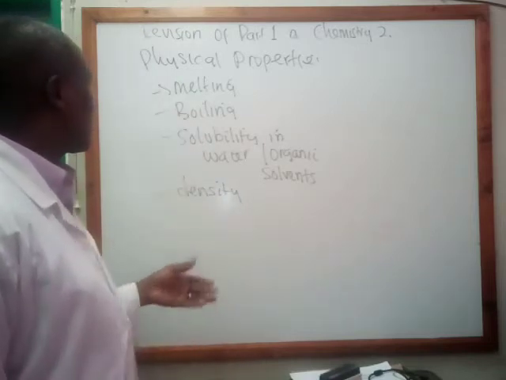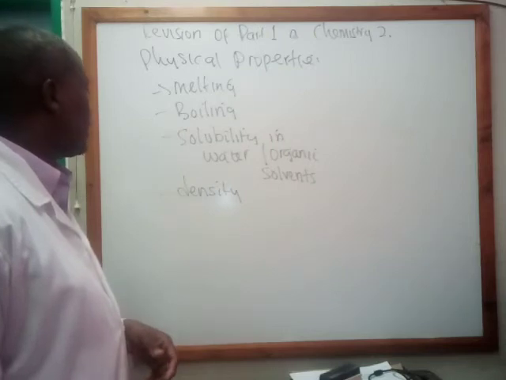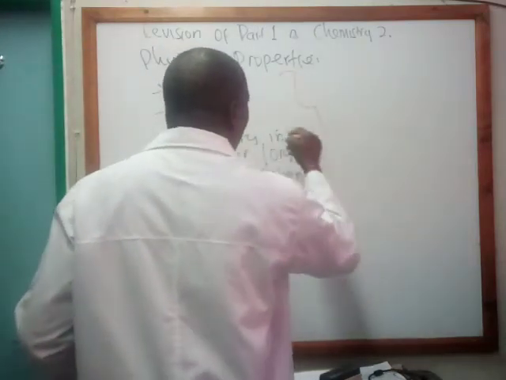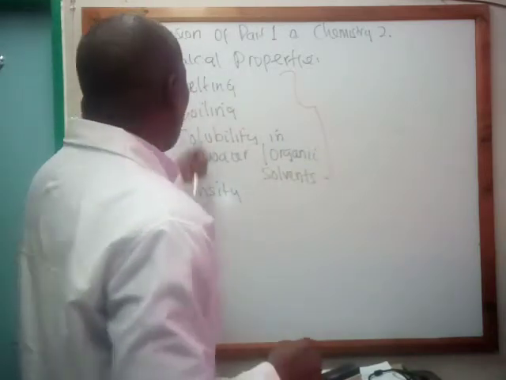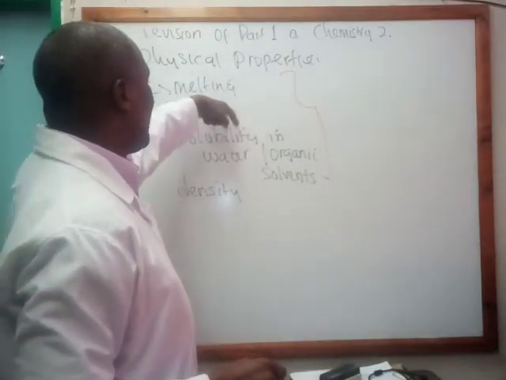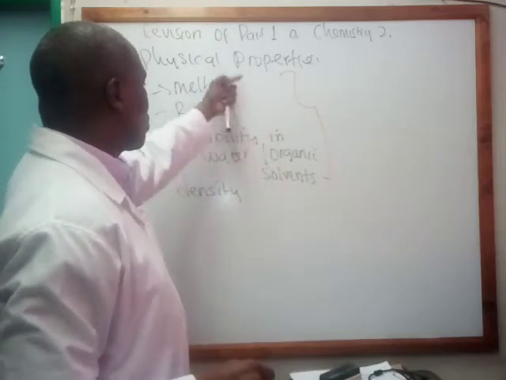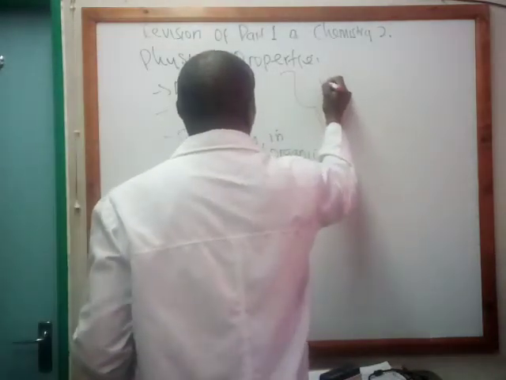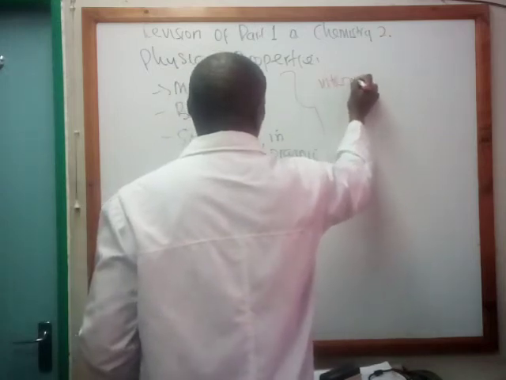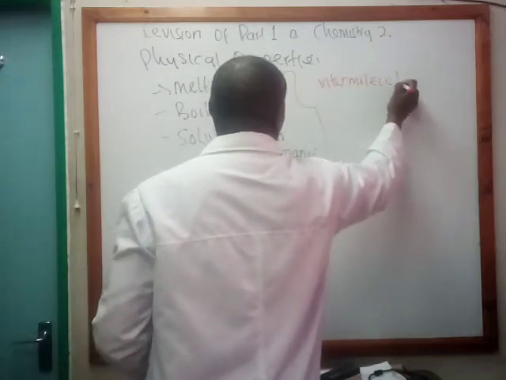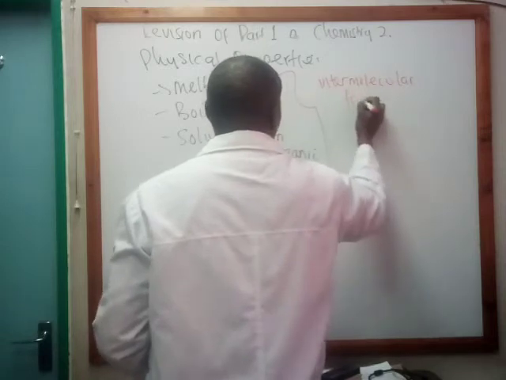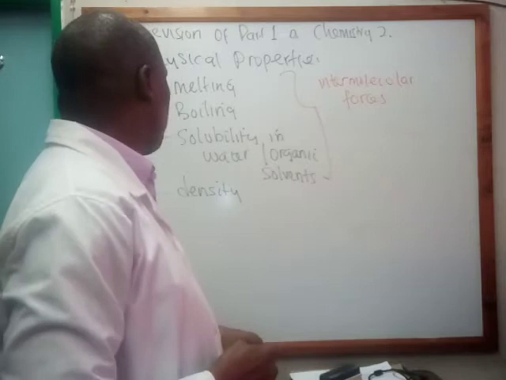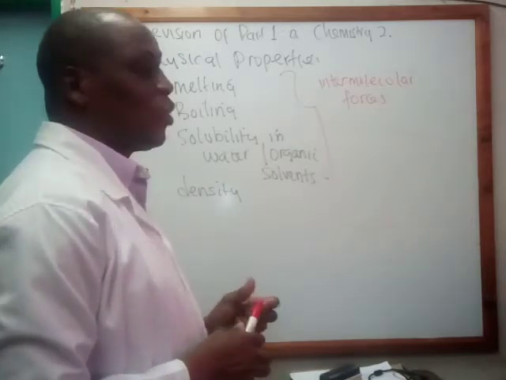So for these ones, to be able to really understand what you may be asked about those things, you need to know about intermolecular forces, because these are the forces which govern the melting point, boiling point, and also solubility.